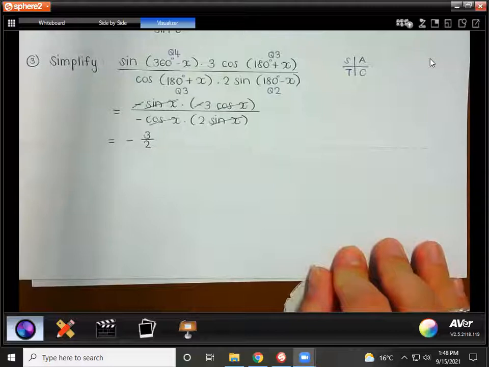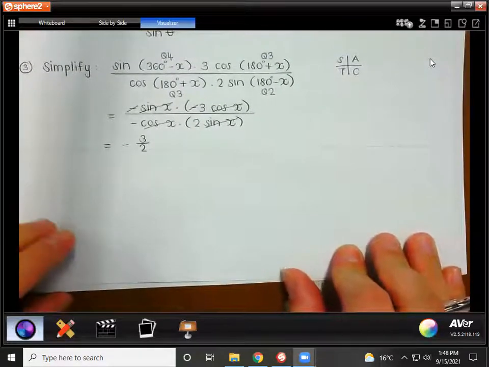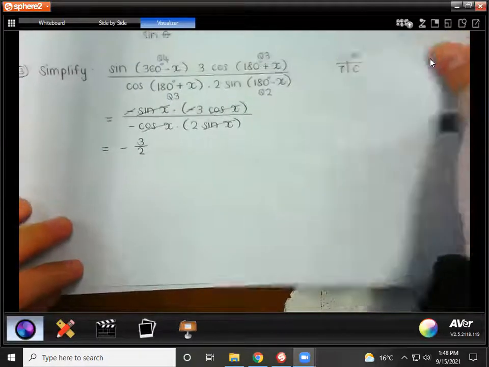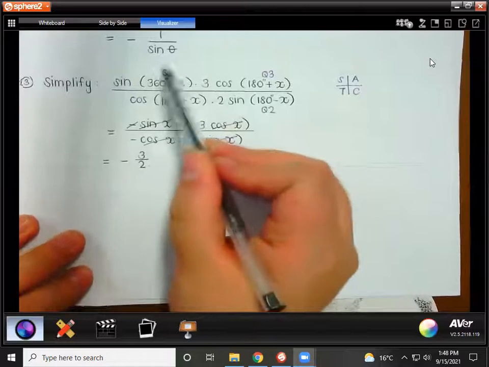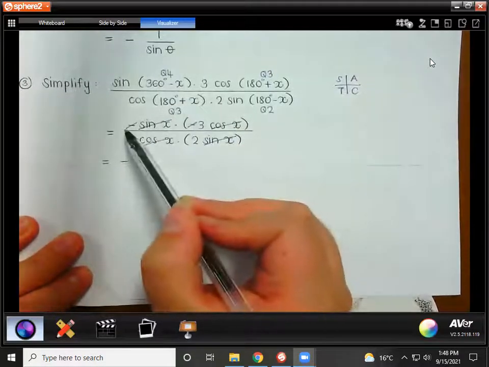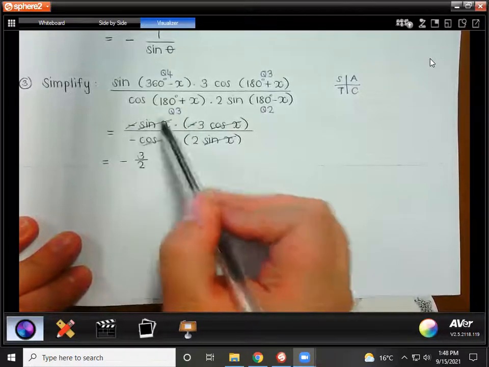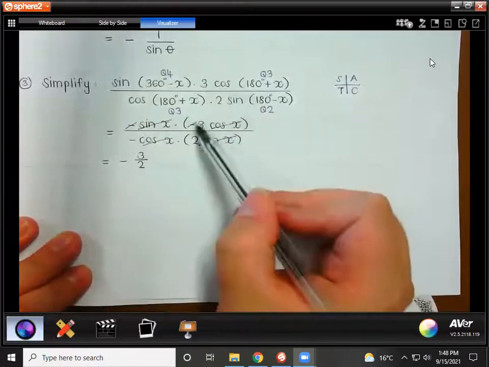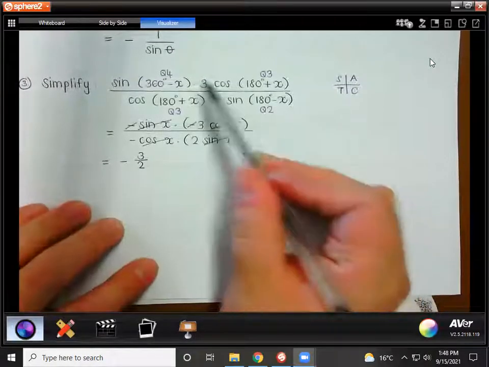Okay, can we take a look? All right, there we go. That's what I got, -3/2. So do we agree that 360 minus x is in the fourth quadrant, and sine is negative in the fourth quadrant? So that changes to negative sine x. That's the first thing. Then you could have done times 3 and then in brackets negative cos x, but you see what I did here?